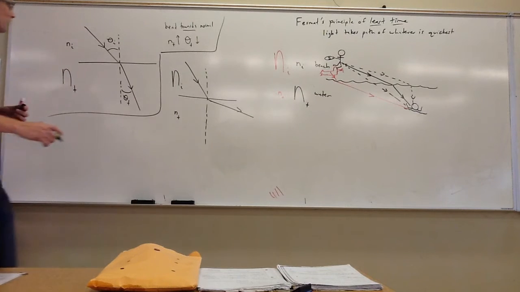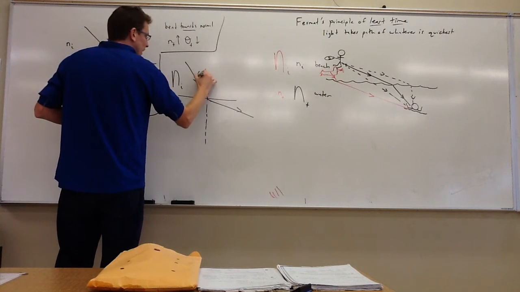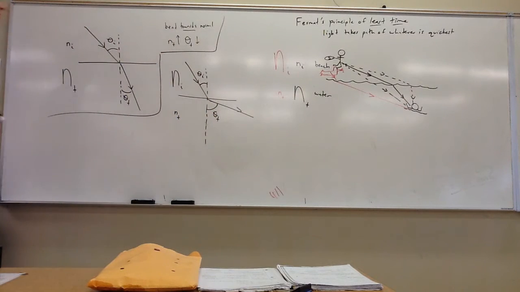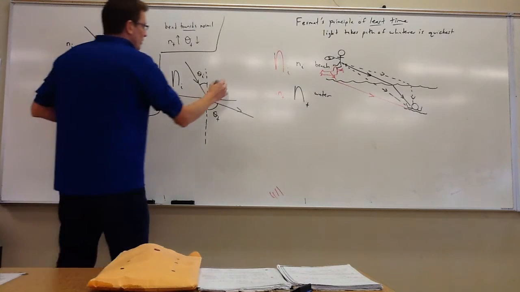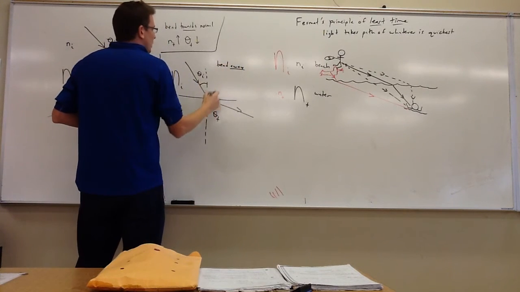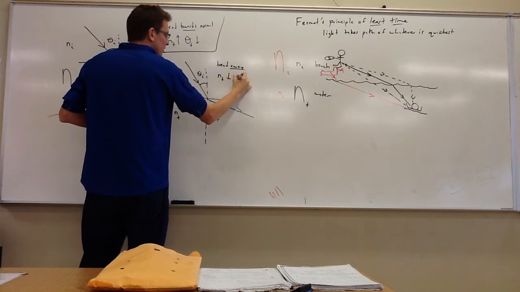So it looks like this: theta_i, theta_t. When light goes into a material where it can move faster, it tends to bend away from the normal. When n_t is smaller, theta_t will be larger.